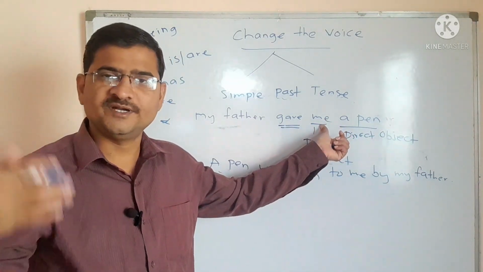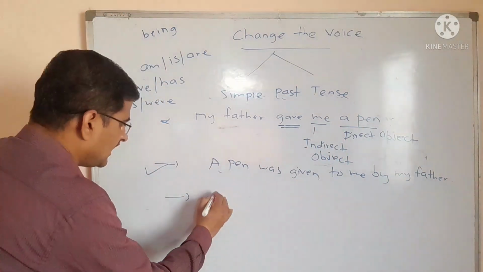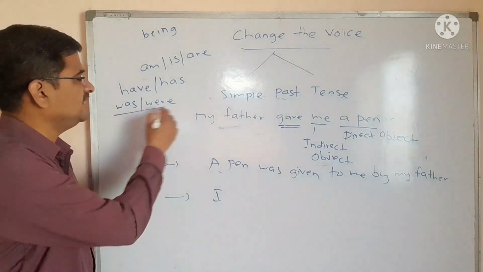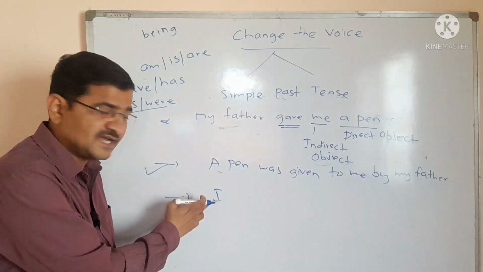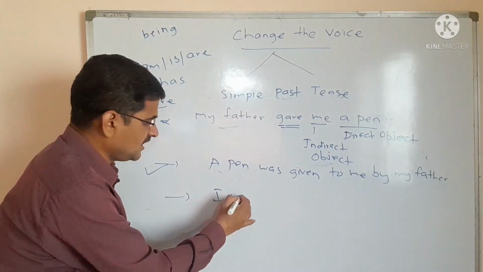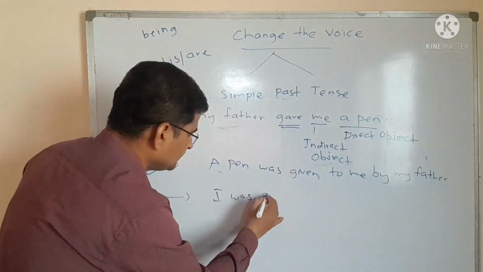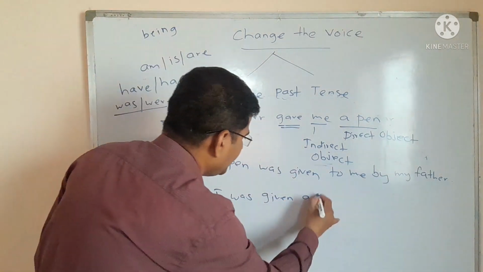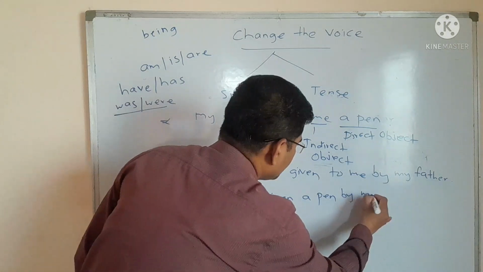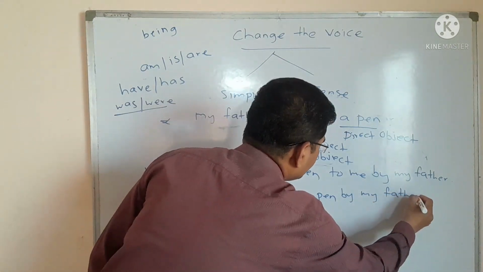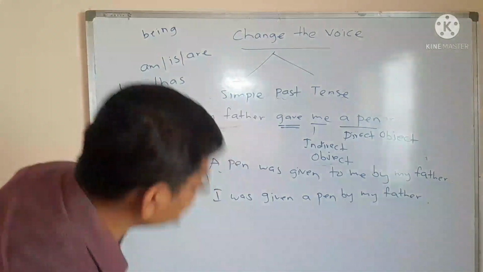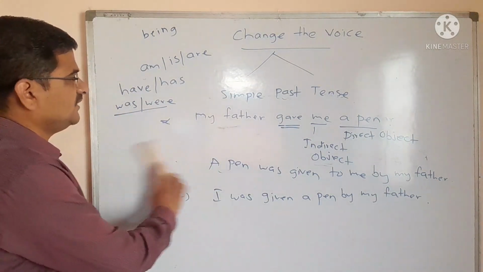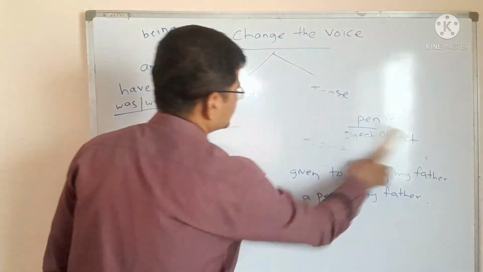Me will get converted into I. So here I, after that you have to use the helping verb, either was or were, but after I you have to use was. I was given a pen by my father. Very simple. Now we will study change the voice of past continuous tense.